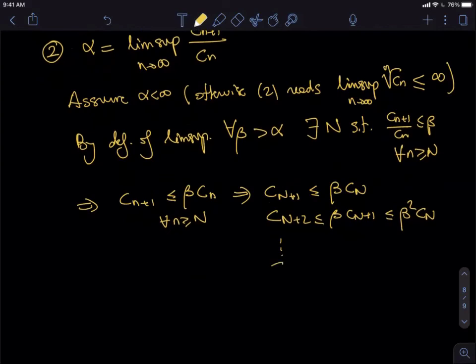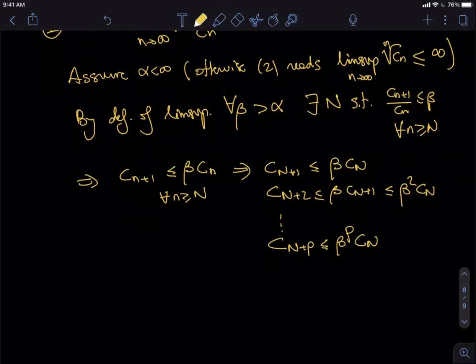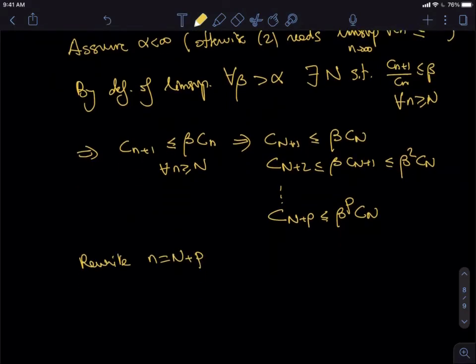Okay, in general, c_{N+p} less or equal than beta to the power p c_N. And here we can rewrite N plus p as lowercase n, and what we have is c_n less or equal than beta to the lowercase n minus capital N times c_N. Okay.